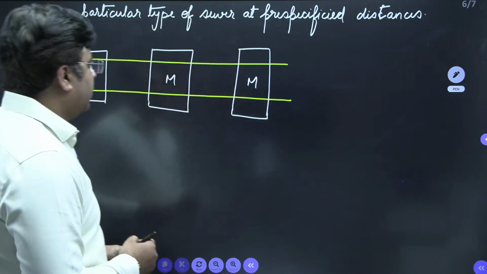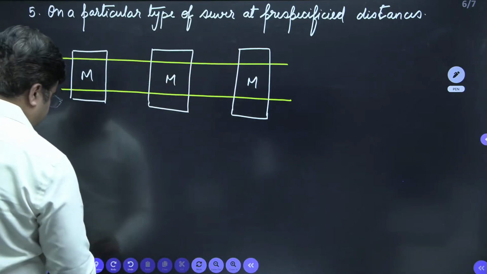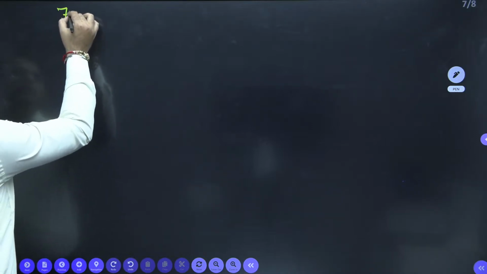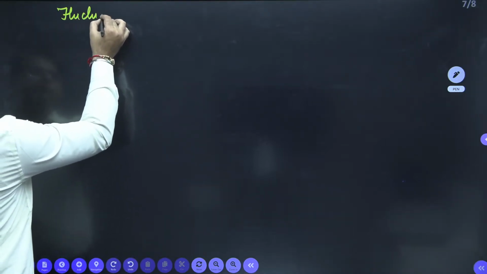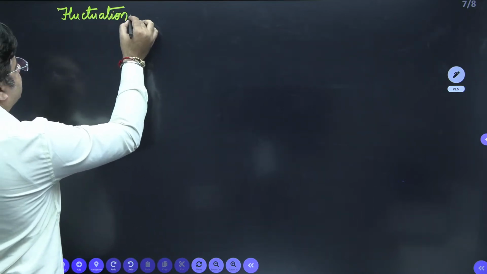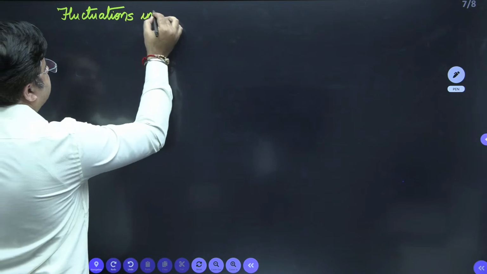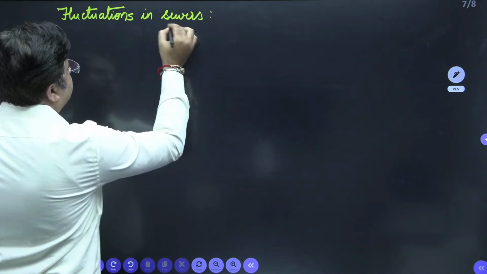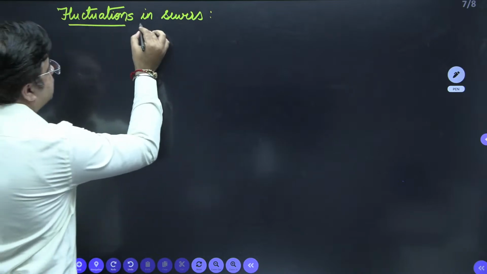Okay. Now, if I talk about the fluctuations in types of sewers, so you can give the next heading, fluctuations in sewers. So, we have 4 different types of sewers.